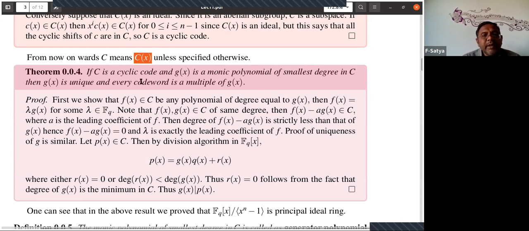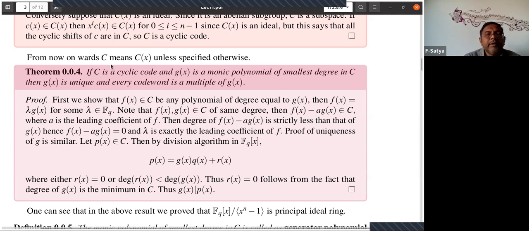So g(x) is unique and every codeword is a multiple of g(x), the proof is given here. Actually, because we have not discussed ring theory before, those who already know that F_q[x] is a PID, then the quotient is also a PID, so there is no need for this theorem. We actually proved it by using the division algorithm.